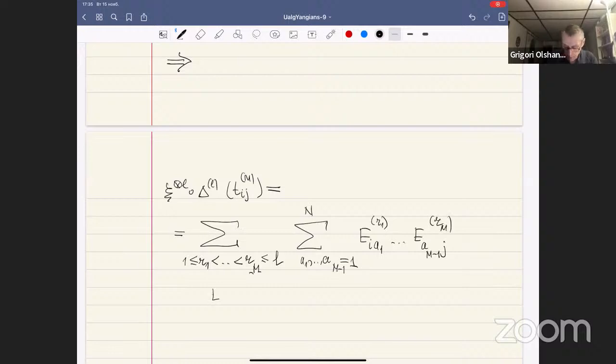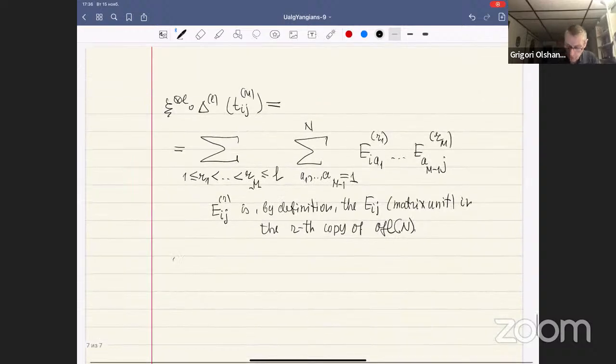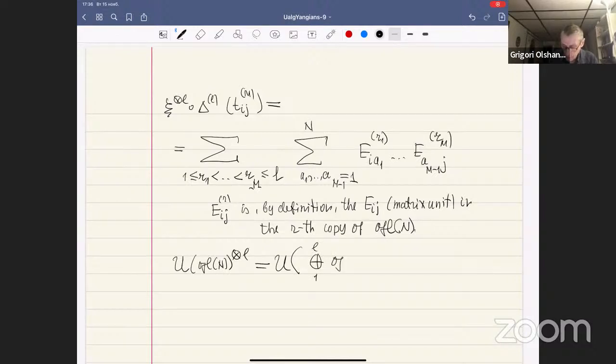What is my notation? My notation with ij in the r-th copy is by definition the ij matrix unit in the r-th copy of gl_N, because U of gl_N to the L is the same as the universal enveloping algebra of the direct sum of L copies of gl_N.